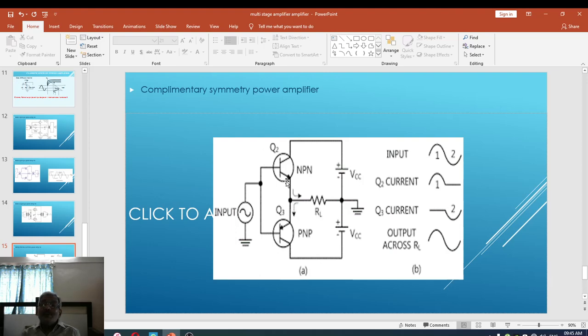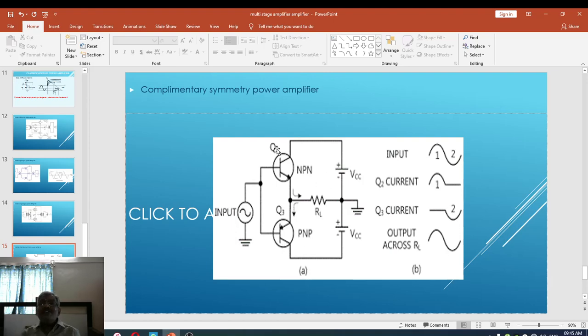This transistor is an NPN type, its base is of P type. If the positive half cycle is received at this point, naturally it is forward biased. The same positive cycle is received at the base of this transistor, which is a PNP type, base is of N type, hence it is reverse biased.